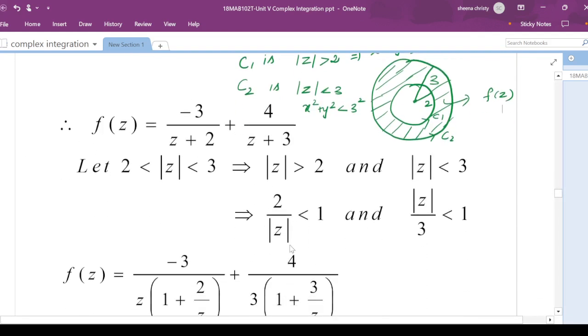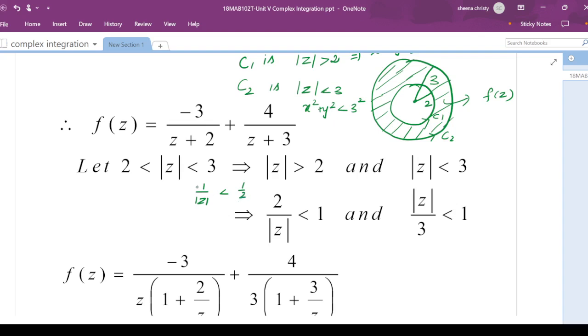Now, mod z greater than 2. We understood that the power series expansion is valid only in the region mod z less than 1 category. So, to make it in that form, you are going to take the inversion of this, that will give you 1 by modulus of z is less than 1 by 2.